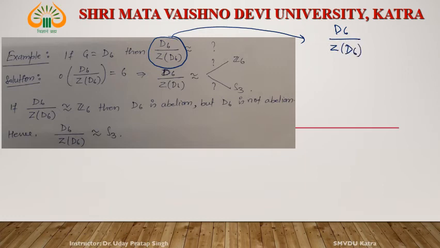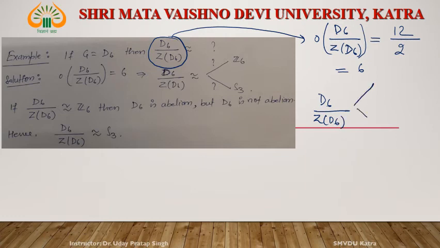D6 contains how many elements? 12, since 2n, that is 2 times 6, is 12. Z(D6) contains 2 elements. Then the order of D6 by Z(D6) is 6.